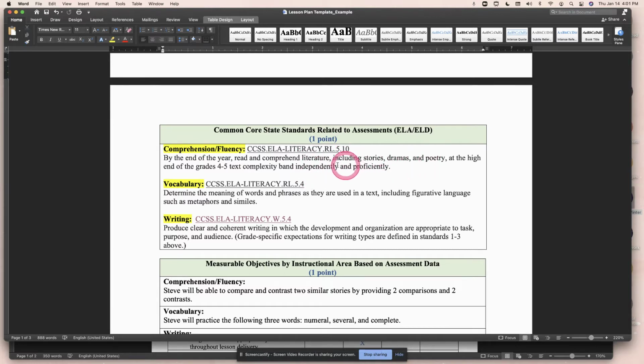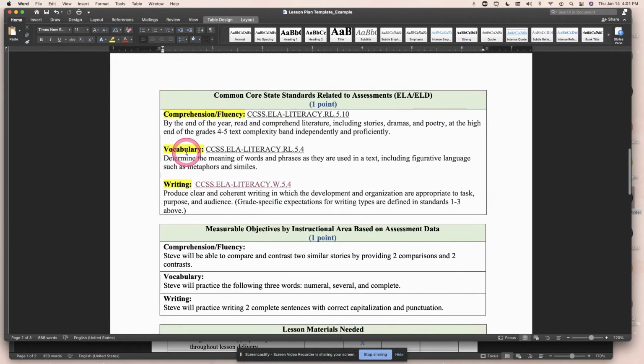So my first standard is by the end of the year, Steve is going to be able to read and comprehend literature, including stories, dramas, poetry, etc., at this complexity. So I'm going to be practicing the comprehension levels within this complexity, and hopefully I can get him from that 4th grade level to the 5th grade. Same thing with vocabulary.